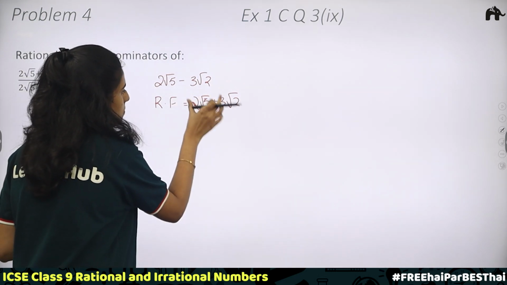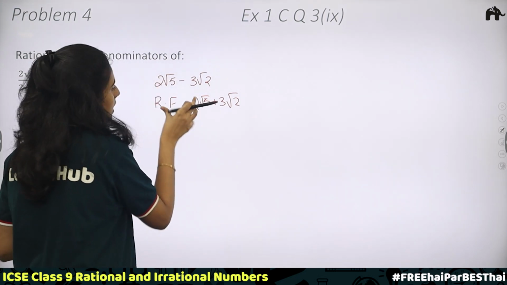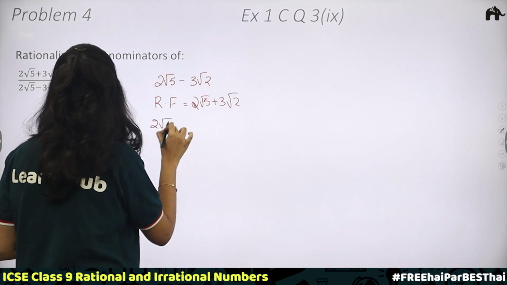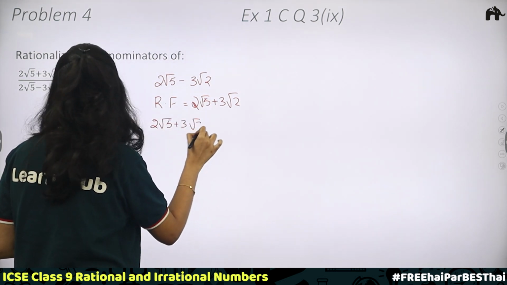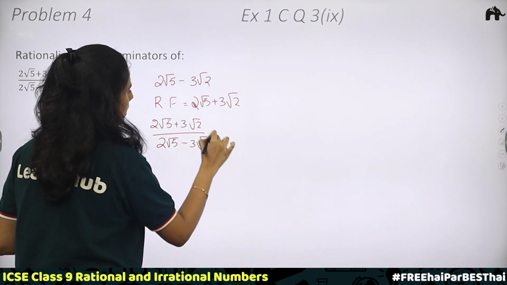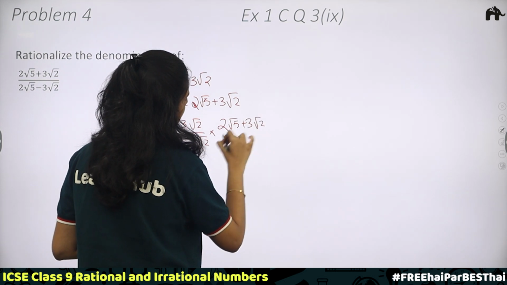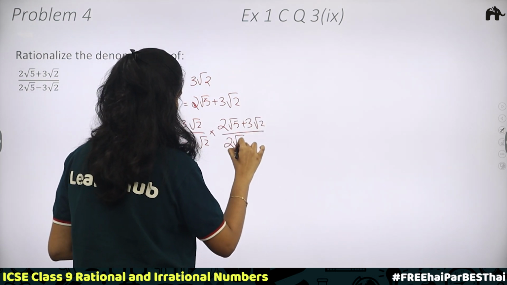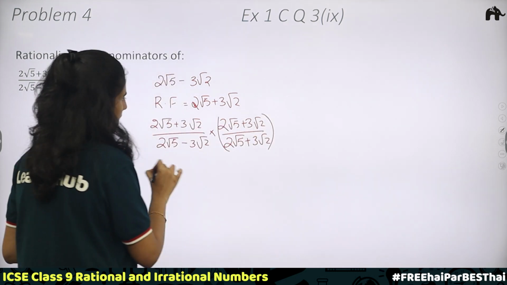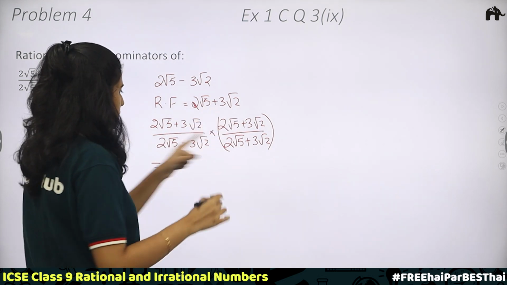Okay. Now, we have to multiply the numerator and denominator of the given fraction with this rationalizing factor. So, here we have 2 root 5 plus 3 root 2 divided by 2 root 5 minus 3 root 2 into 2 root 5 plus 3 root 2 divided by 2 root 5 plus 3 root 2, which is equal to, here a plus b into a plus b, whole square.